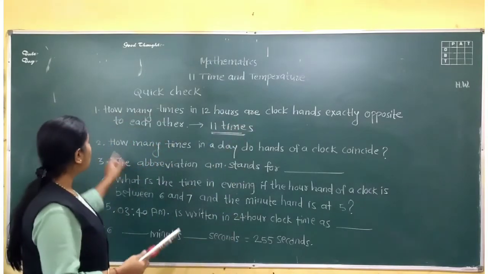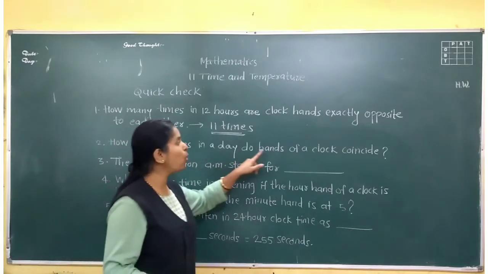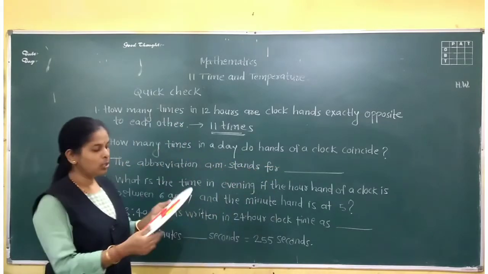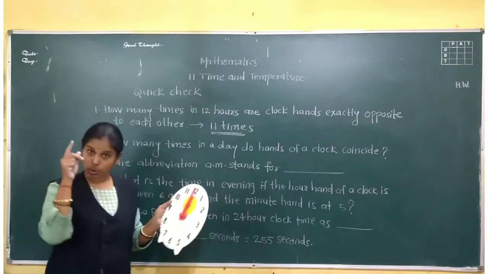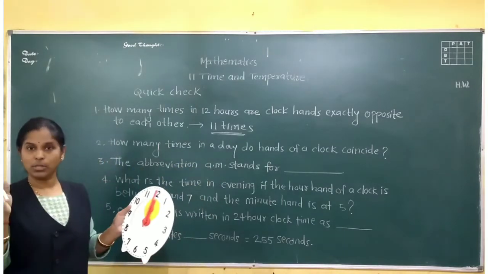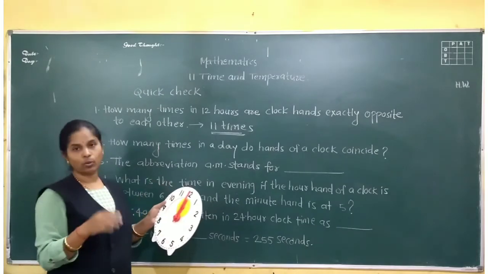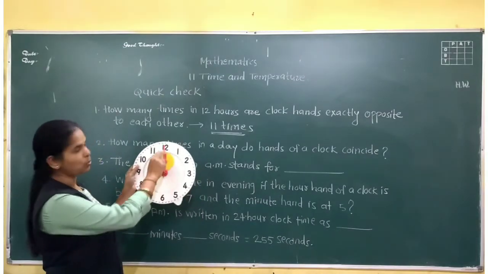Now, how many times in a day do the hands of a clock coincide? Coincide means, see, like this. In a day, means in 24 hours, how many times do the hands of a clock coincide? So this is the first one.